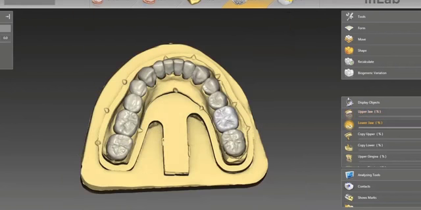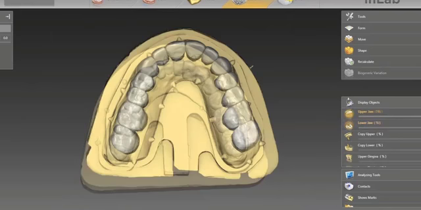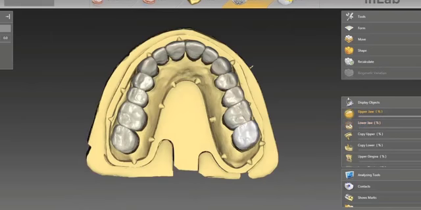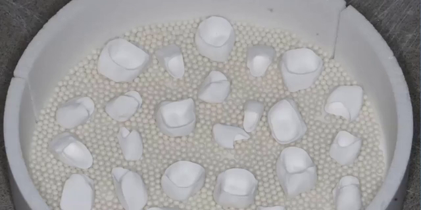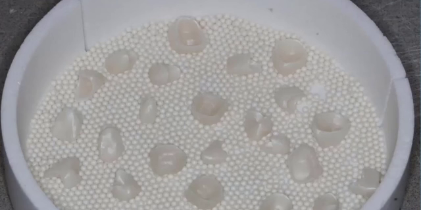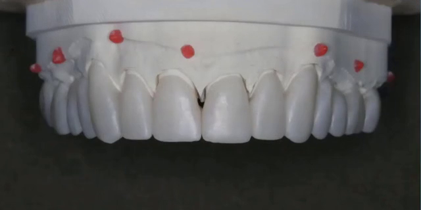Okay. So these were zirconia restorations, and this is pre-sinter going in the oven, and that's what they look like after an 8-hour sintering in our lab.